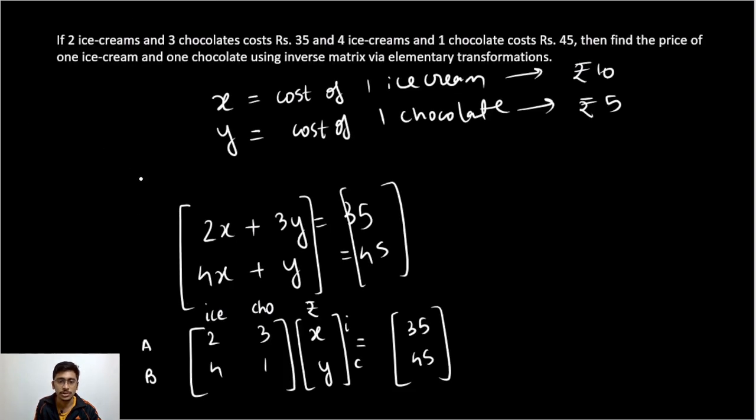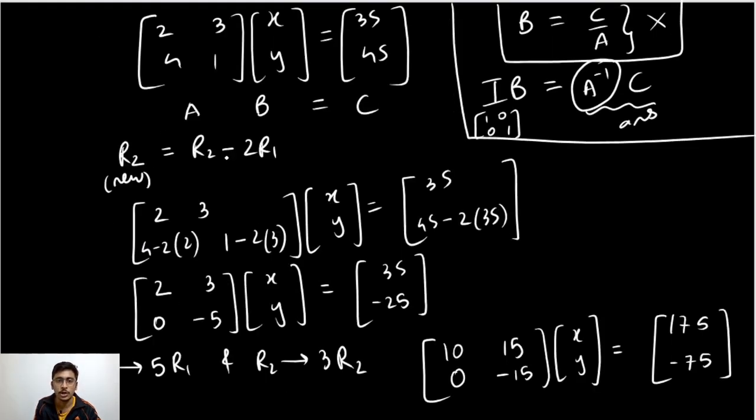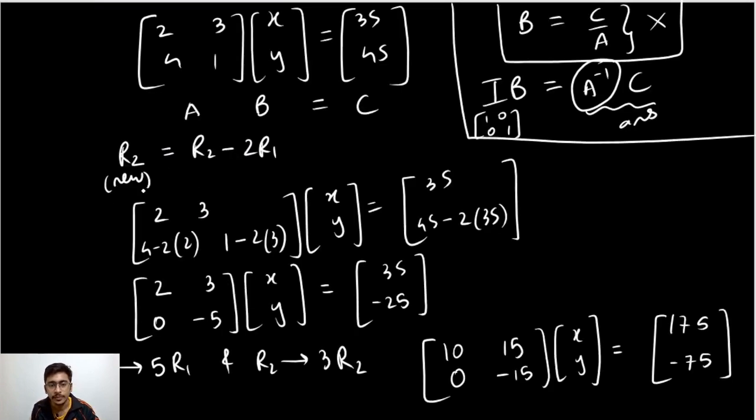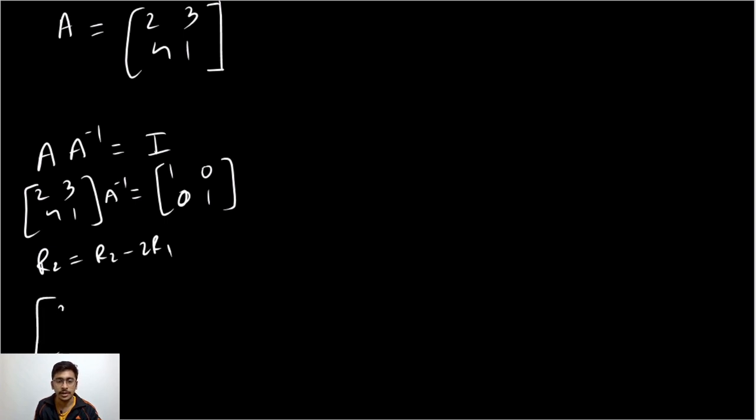What is the first transformation that I used? I used R2 equals R2 minus 2R1. So I'll write R2 equals R2 minus 2R1. What will I get? I'll get this matrix over here, 2 3 0 minus 5. So I'll write 2 3 0 minus 5 A inverse, but I have to use that transformation over here.